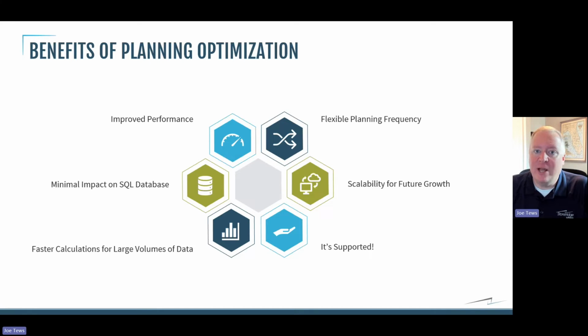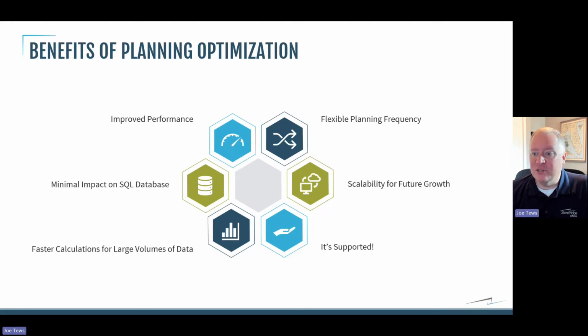Planning optimization also allows for faster calculations of large volumes of data. Planning optimization is specifically designed for scenarios that involve long-running master plans as well as large data volumes. This performs very fast calculations by leveraging a hyperscalable multi-tenant service where multiple instances can work together simultaneously to calculate the plan, thus reducing our overall runtime.